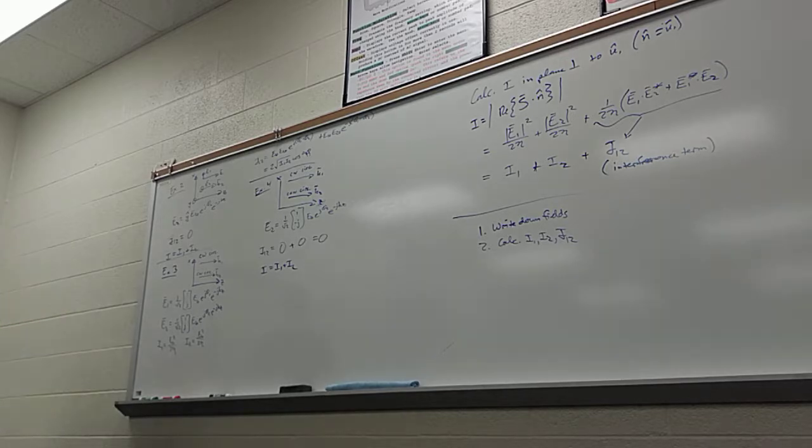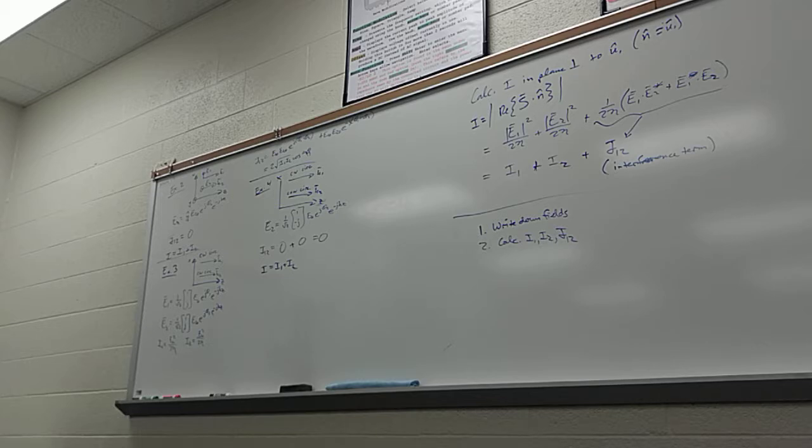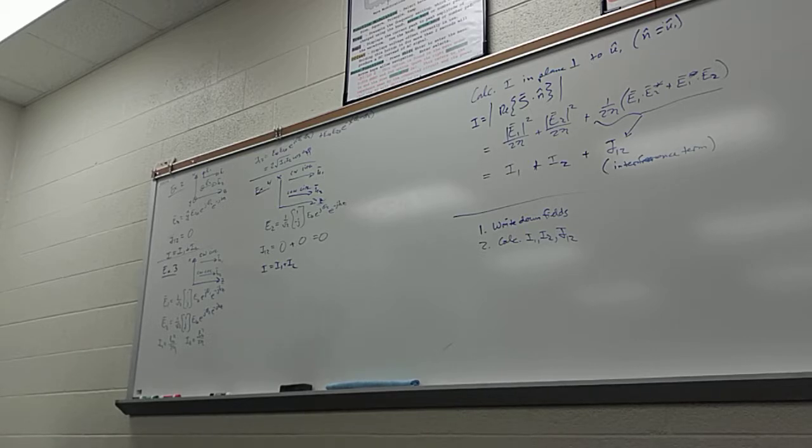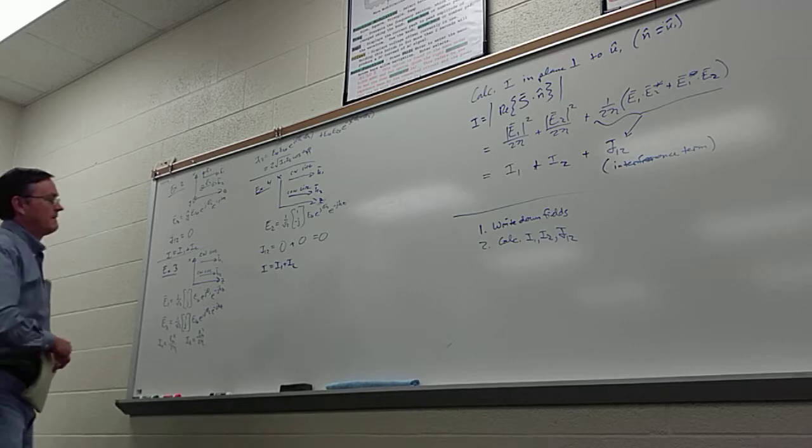So what we've seen is that if we have two beams with the same polarization state, we always get the same result. Question? So it was clockwise and counterclockwise, that's orthogonal? Yeah, they're orthogonal. You bet. Not 180 degrees. What's our definition of orthogonality?